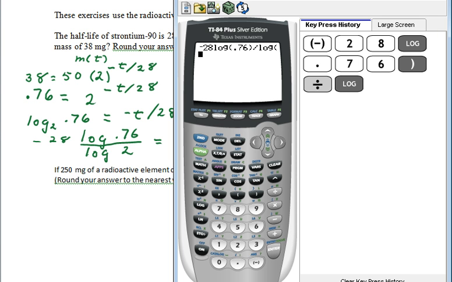So log parentheses 2, close the parentheses, and enter. And we get 11.09 years, or approximately 11 years.